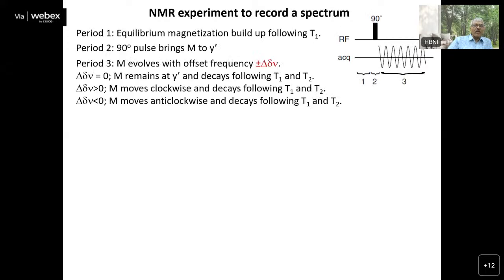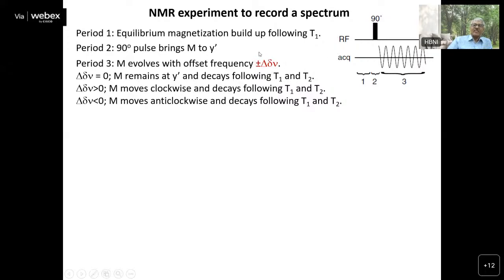Okay, so now there could be 3 situations, depending on the offset frequency. The offset frequency I am calling plus minus delta nu. I put delta because we are now measuring directly in the delta scale.